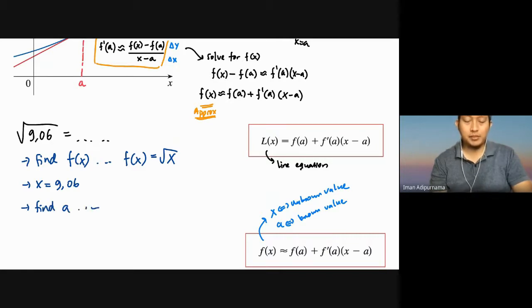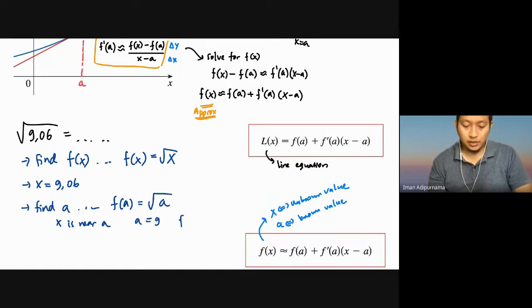A should be something that is easy to calculate using the function. Remember that x is near a, so we need to find an a whose square root is easy. I think that is 9. So choose a equal to 9 so that we have f of a is 3.